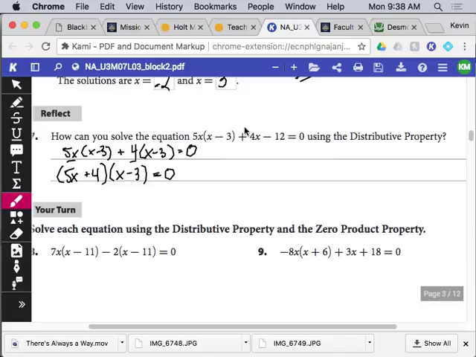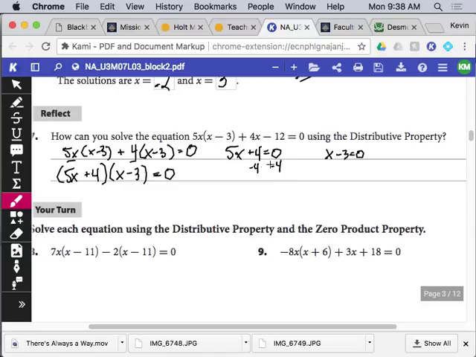And now what do I do, class? I set them both equal to 0. So 5x plus 4 equals 0, and x minus 3 equals 0.